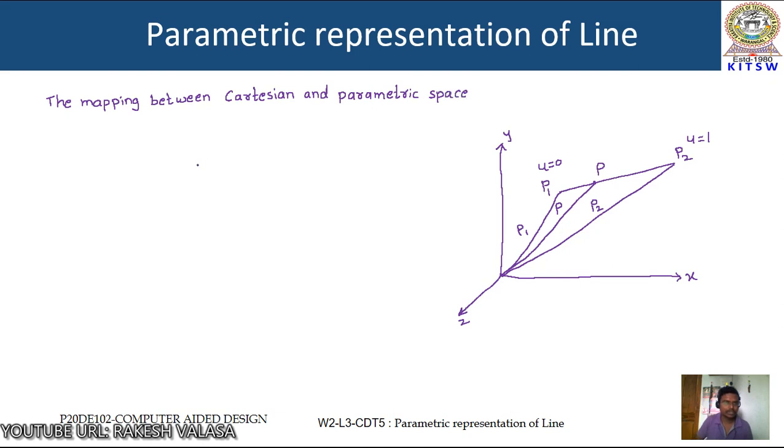Write the relation between Cartesian space and parametric space. Here Cartesian space means P1 and P2, and parameter means U. Now write the relation between P1, P2 and U. Endpoint length in Cartesian space: here the endpoint is P2, the endpoint of this line.